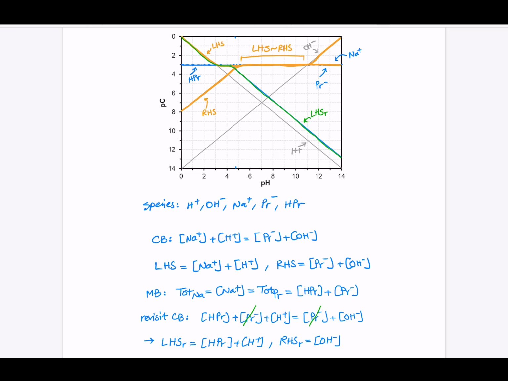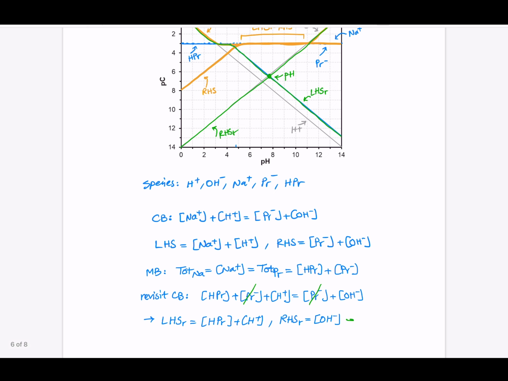And now the revisited RHS is basically the OH line. This is RHS revisited. And they cross at this point, the pH of the system, which is around 7, let's say, 8. So this would give us a pH of 7.8.